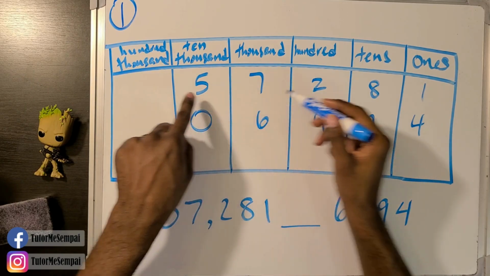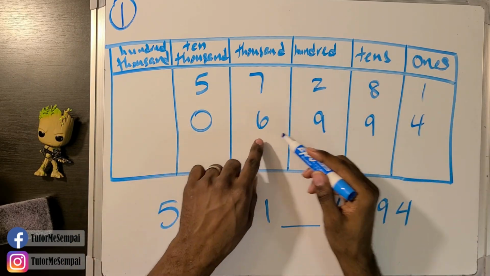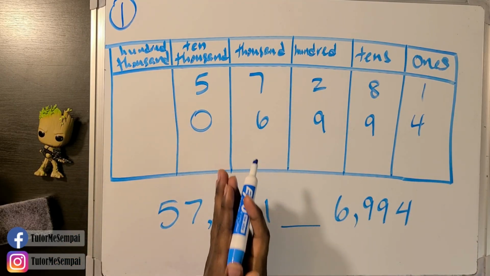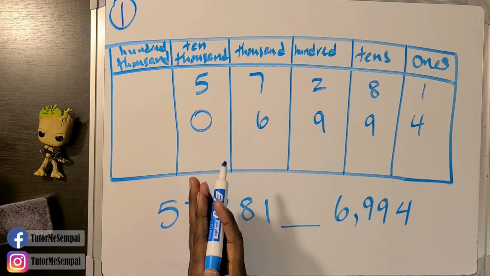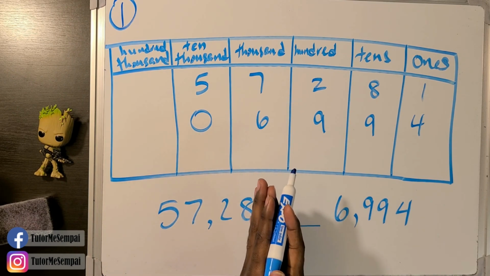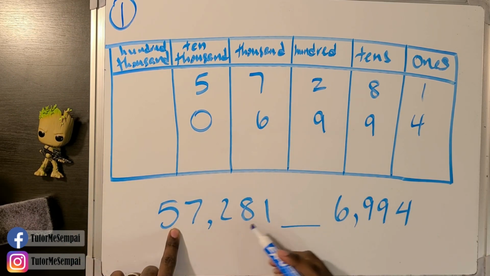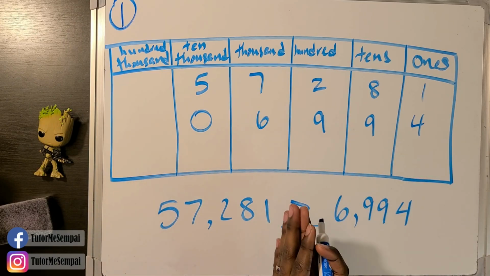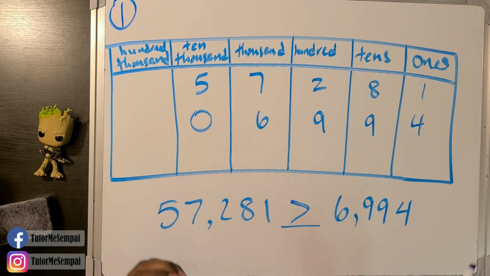That means our top number is going to be bigger than our bottom number. Whenever you run into that very first column where there's a difference, you should be able to tell what is going to be the bigger number and what is going to be the smaller number. So we said that 57,281 is going to be greater than 6,994.